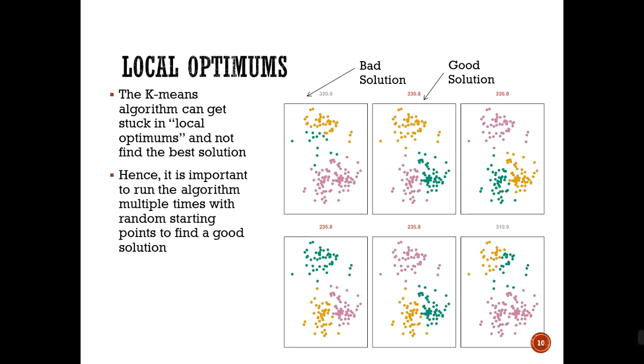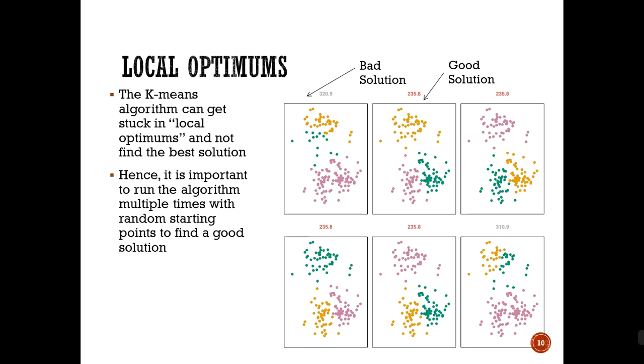Some are bad solutions, because the number above each plot is the final within-cluster variation, which is not a small number. So the first plot gives us a bad solution. Typically we pick the lowest value.